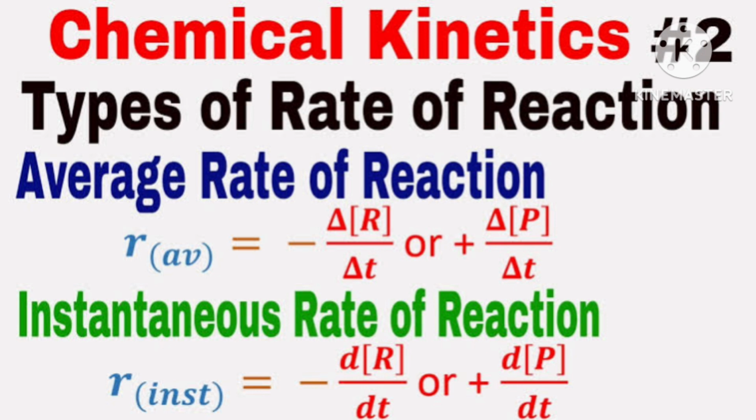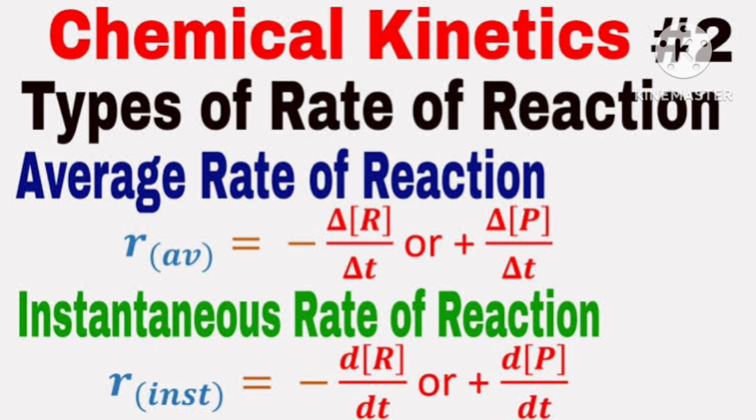Correct? And rate is equal to concentration divided by time. Simple concept. Per unit time, what is the change in concentration? That is the rate. That's why you write dx upon dt.